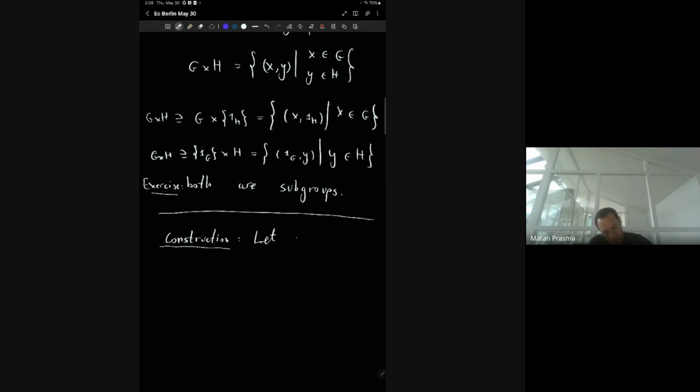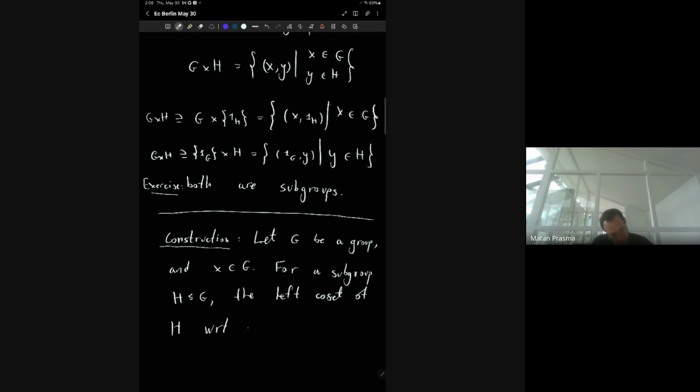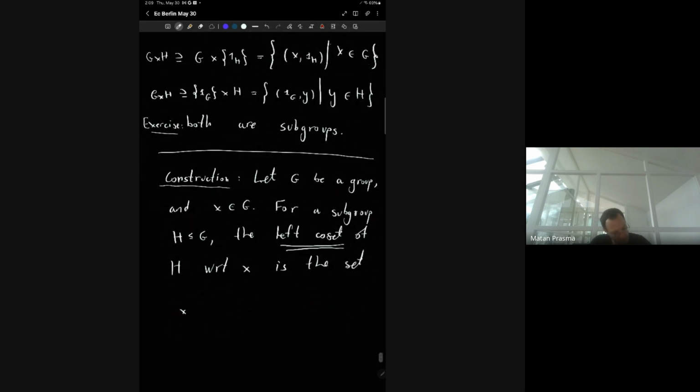So let G be a group, and x an element in G. For a subgroup H in G, the left coset of H with respect to x is the set xH.